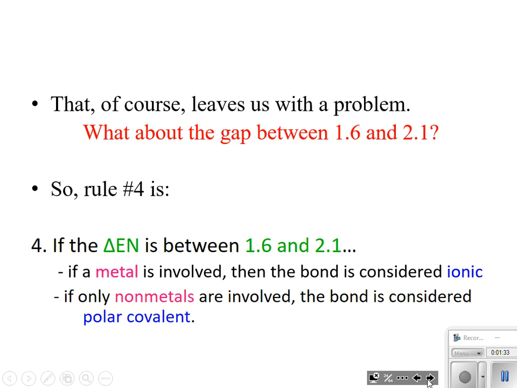Do you remember that if it fell in between those, if there was a metal involved, it is an ionic bond? That if it fell between 1.6 and 2.1 and nonmetals were involved, it was a covalent bond?